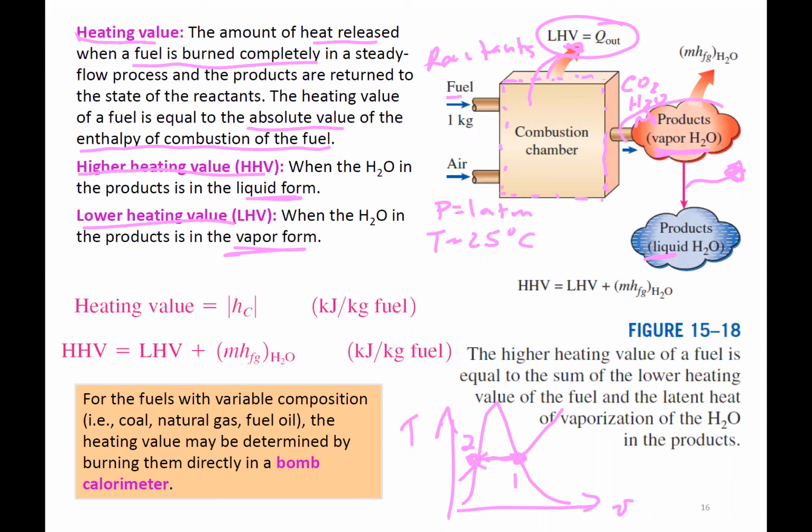It's more the products. If we ended up with water as a vapor in the products, it's right here. So if we let it get down and had our combustion chamber where we let water become a liquid, so it exits here as a liquid, that means there was this amount of heat that was also released from just that water, the latent energy.